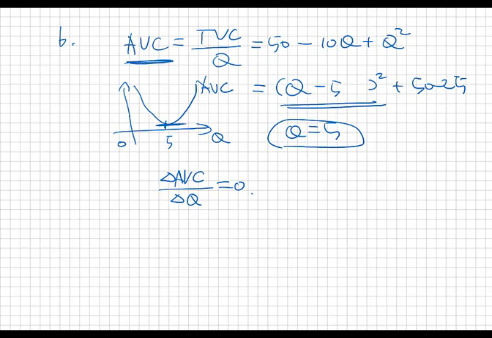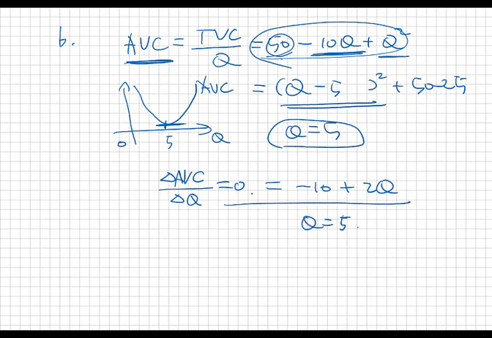Applying the delta operation here, you have minus 10, as you cancel out the constant term, and you get 2Q from Q squared from the derivative, and you can find that Q equals 5.